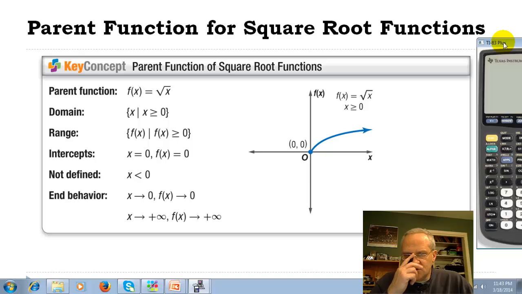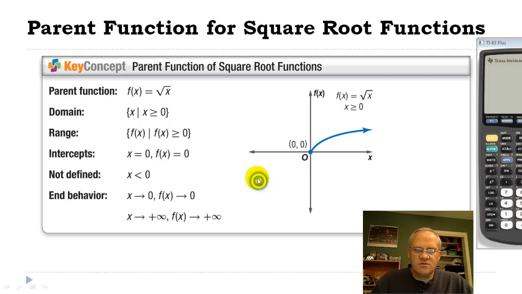Same kind of thing here. So the parent function is f of x equals square root of x. In other words, y equals the square root of x. That's your parent function there.